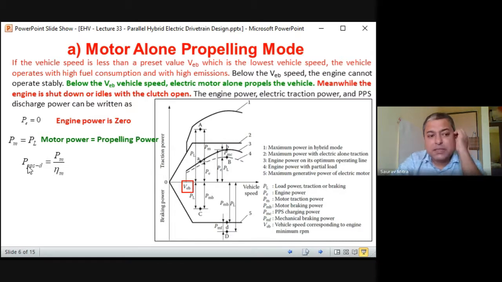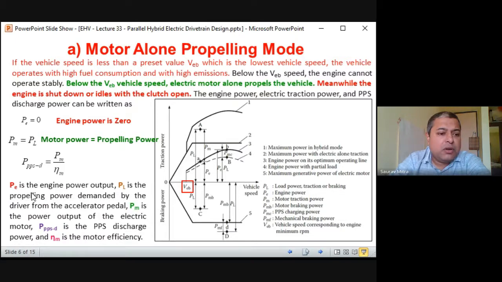If PPS is producing around 111 units of power, then 111 multiplied by 0.9 is equal to 100. Or you can find out how much power PPS is producing. Required power, let's say, is equal to 100 units. So 100 by 0.9 will be around 111. If PPS produces 111 units of power, then only the motor will be producing 100 units of power at the output. So this is a very important equation. This you have to understand.